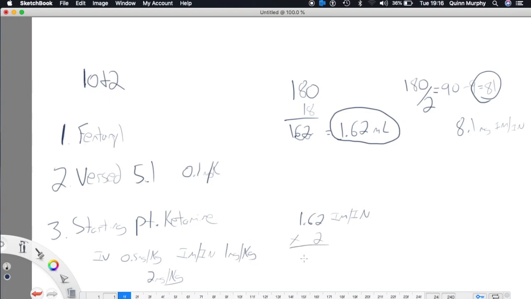So that's going to give you 3.24 mLs. This is your DAI. Now, if you want to give it IV for pain, you simply just divide it by 2. So 1.62 divided by 2 is going to be 0.81 mLs. So by doing one simple trick here, you can get your dose for fentanyl, Versed, and ketamine.